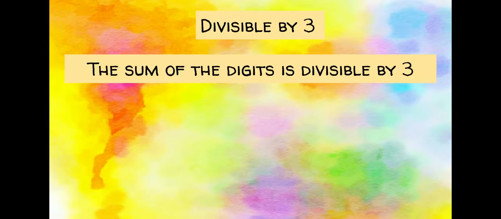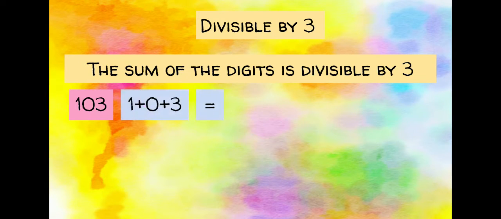Let's talk about the trick for the number 3. To see if it is divisible by 3, the sum of the digits must be divisible by 3. 103. So what we're going to do is add 1 plus 0 plus 3, which is 3.